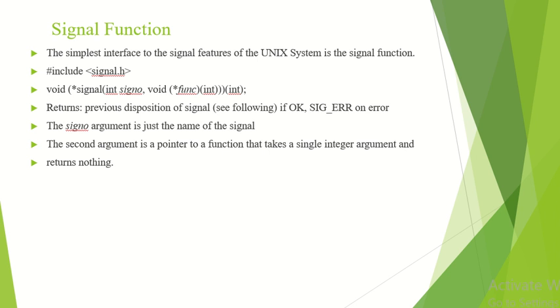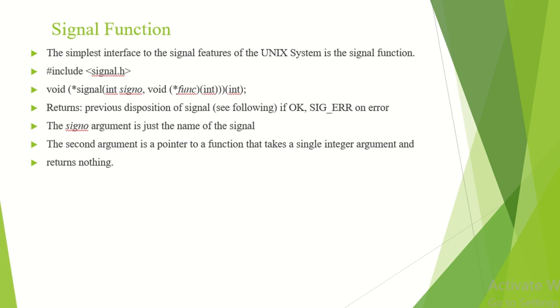That's why we need to include it in this AOS programming. The second argument is a pointer to a function that takes a single integer argument and returns nothing, meaning this signal handler is used to dispose or check the previous signal handler, and that's why this function is used here.